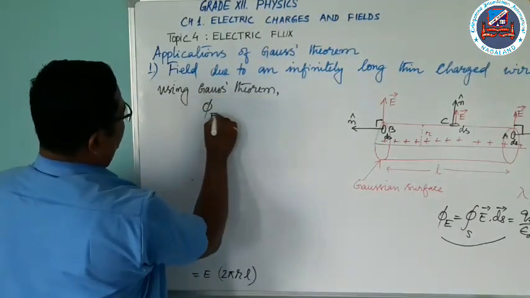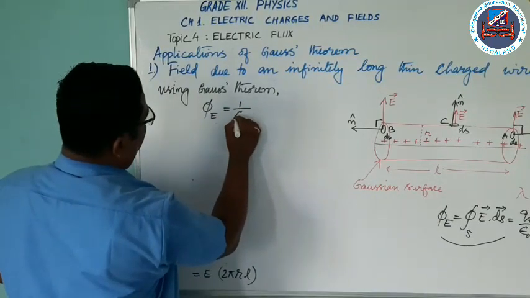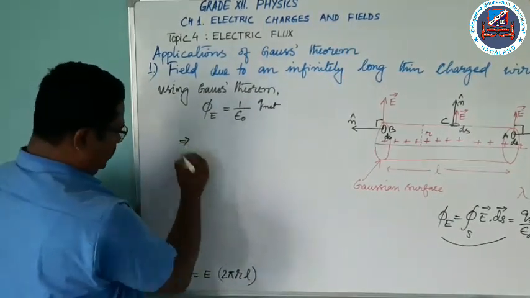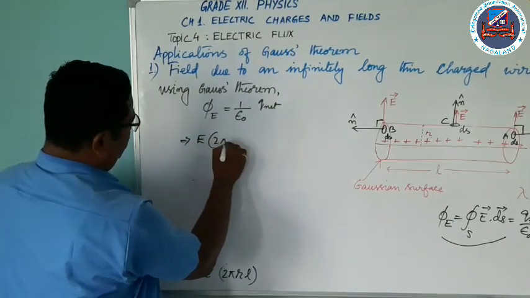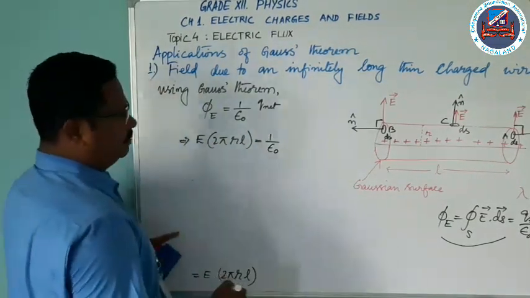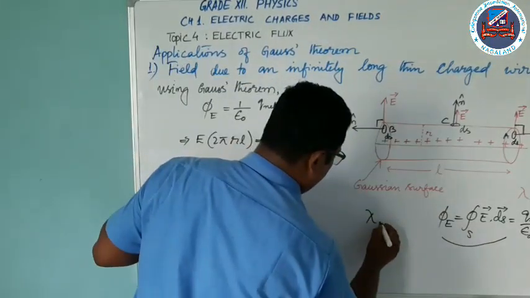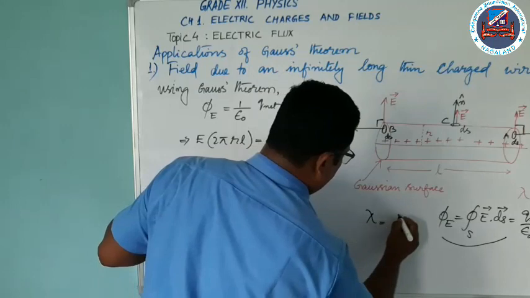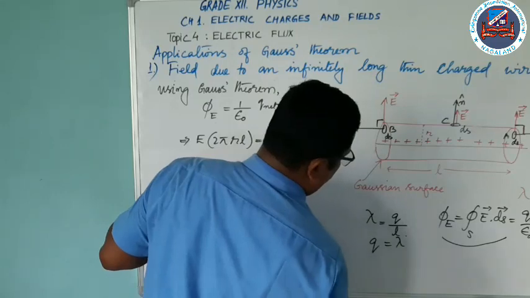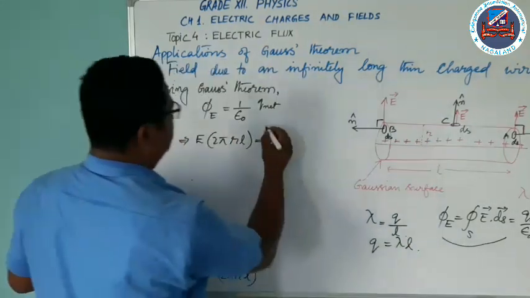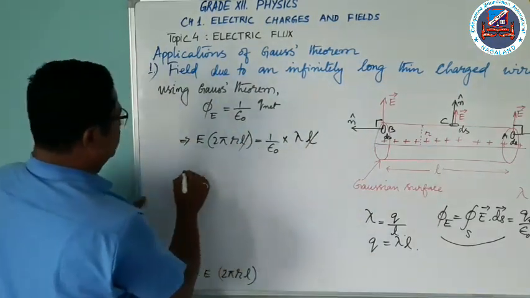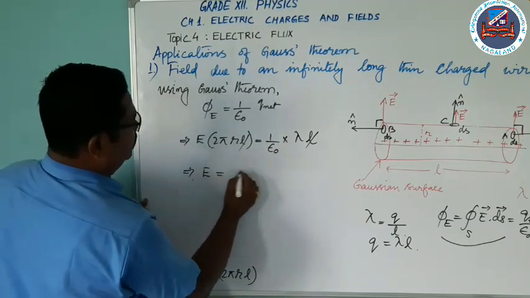electric flux phi E is equal to 1 by epsilon naught times the net charge. Now, the electric flux you found already is E times 2 pi R L. This is 1 by epsilon naught. The charge, you convert it by introducing linear charge density lambda, which is charge per unit length, so charge will be equal to linear charge density into L. So write linear charge density into L. If we cancel this L out, then you get the expression for electric field intensity.